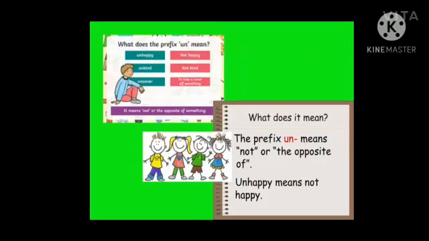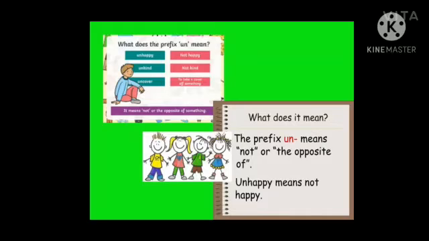In the course of explanation, we will also discuss the meanings of the words and how the word becomes just the opposite. Before that, I would like to tell you un means not, or it is the opposite of.